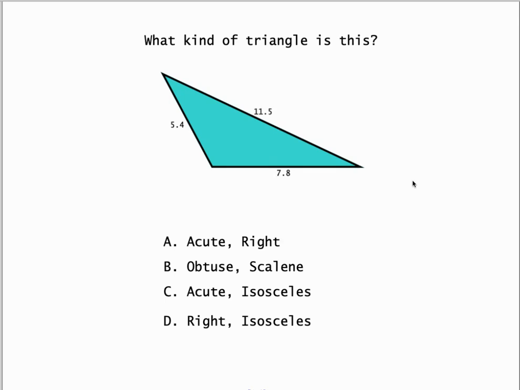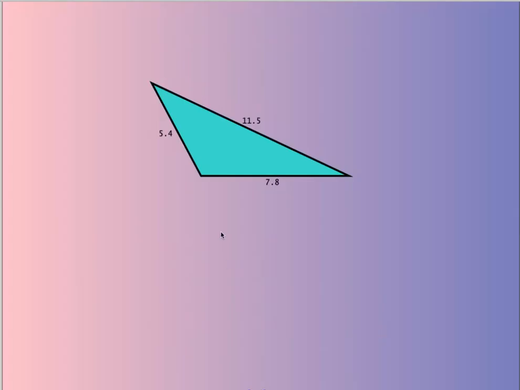So now, look at our choices. Is it an acute right triangle? Is it an obtuse scalene triangle? Is it an acute isosceles triangle? Or is it a right isosceles triangle? This has no equal sides, so it's scalene. If I look for my angles, we're looking right here.